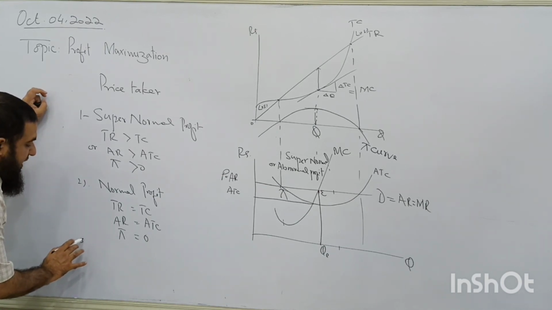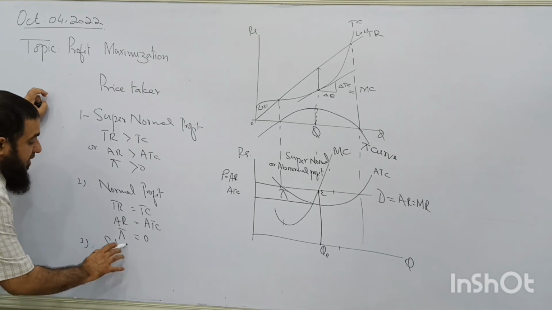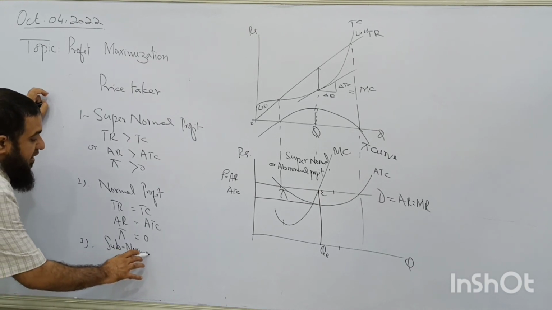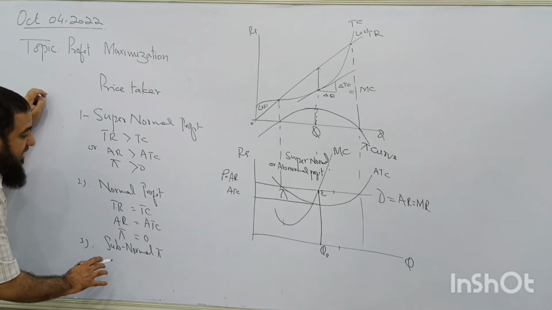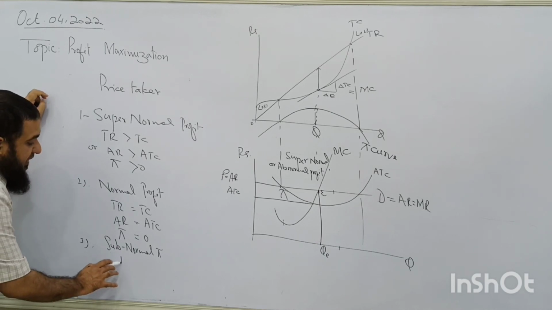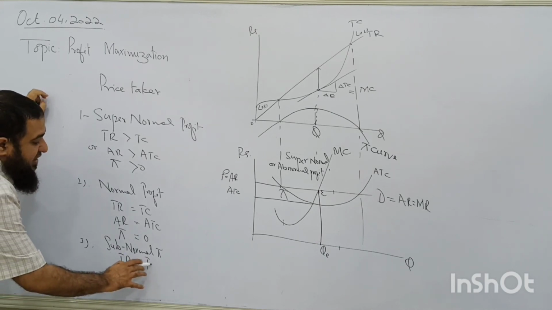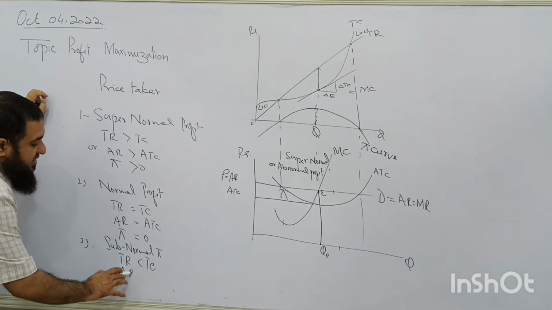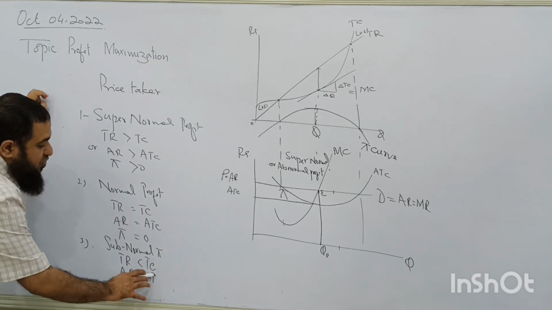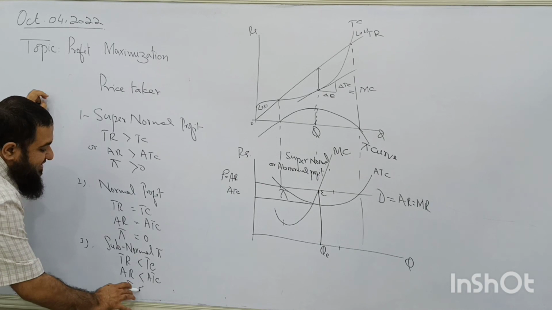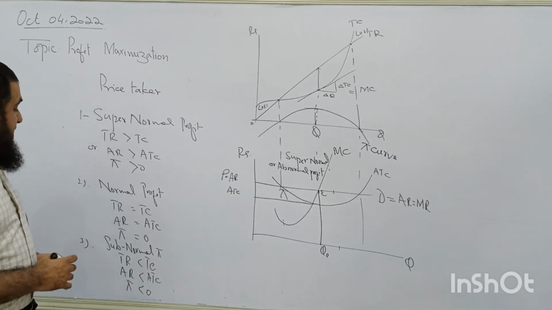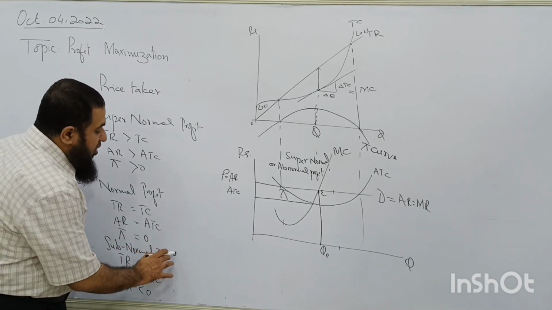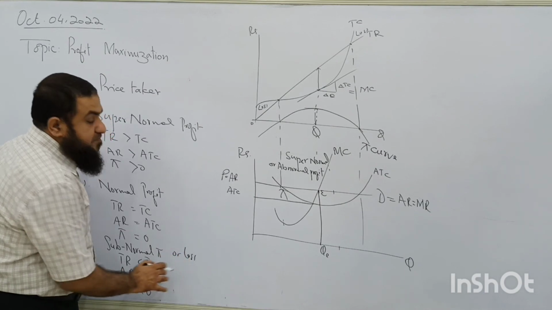Now the third one is subnormal profit. What is subnormal profit? That is when total revenue is less than total cost, or average revenue is less than average total cost, so profit is negative. So this is called subnormal profit or loss to the firm.